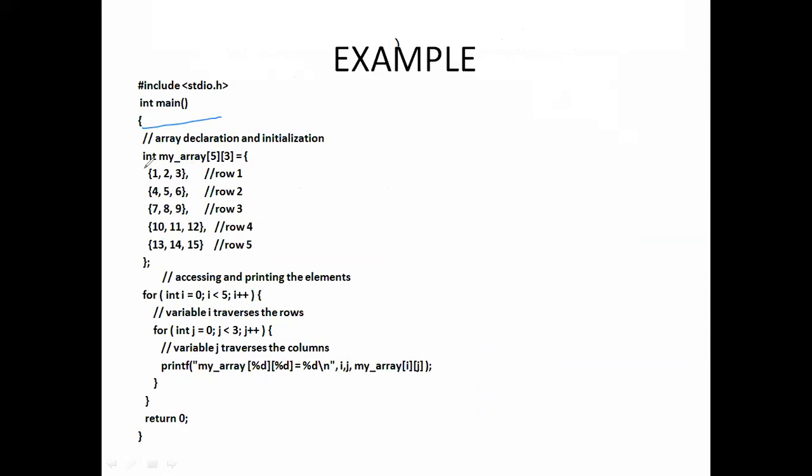Then I am declaring the two-dimensional array. My data type is int, and my variable name is myArray. My row size is 5 and column size is 3. So I am directly giving the values. Total 5 rows, 3 columns: 1, 2, 3, 4, 5, 6, 7, 8, 9, 10. I am giving these values.